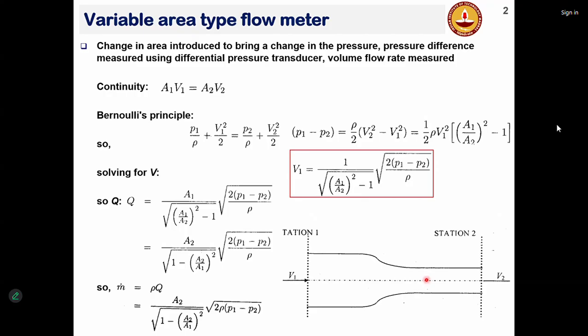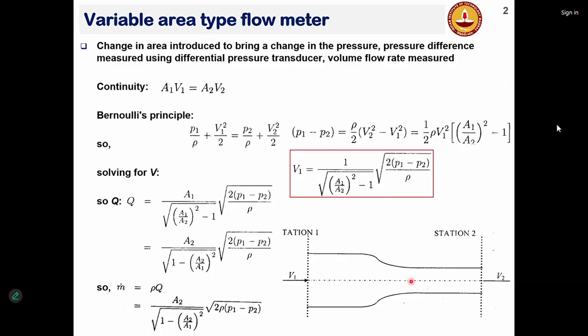But if the change in the area of the section is sudden, there are going to be losses associated with that. With the tapered arrangement, the problem is that you are going to connect the tube at this end also, and then the tube diameter will suddenly come, because the way they install this variable area flow meter is that they cut the tube at a certain section and introduce this device there.